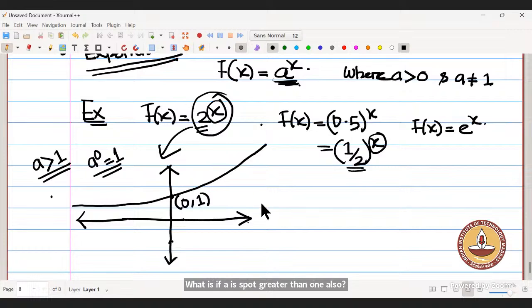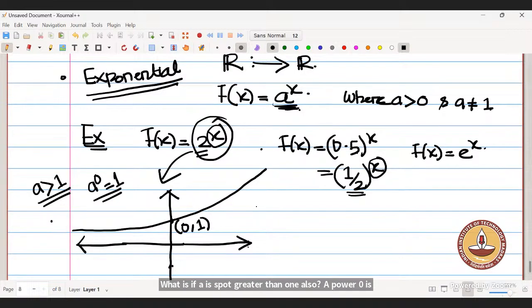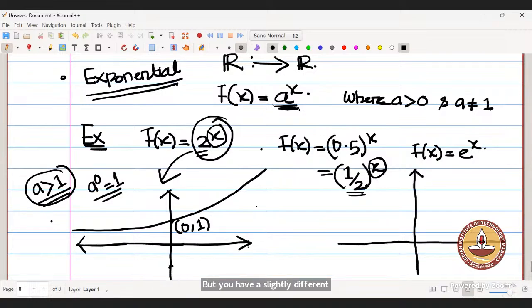As you can see, this is increasing. If you increase the value of x, the value of the function is increasing. And what is the reason? Because here a is greater than 1. But you have a slightly different behavior when a is between 0 and 1, right?